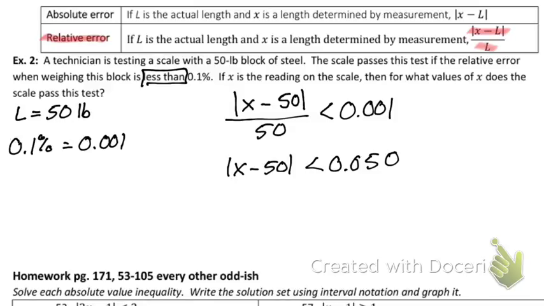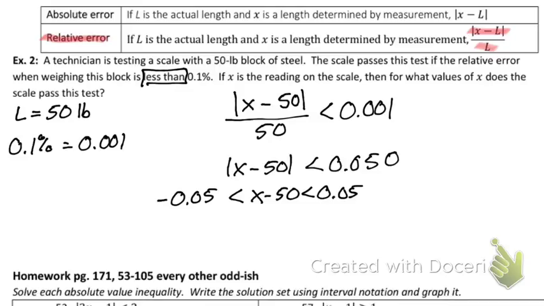Just like our absolute value was less than 3, it was between 3 and negative 3. This is one that's between. And so a less than we're going to rewrite as one equation. That will be negative 0.05 is less than x minus 50 is less than 0.05.